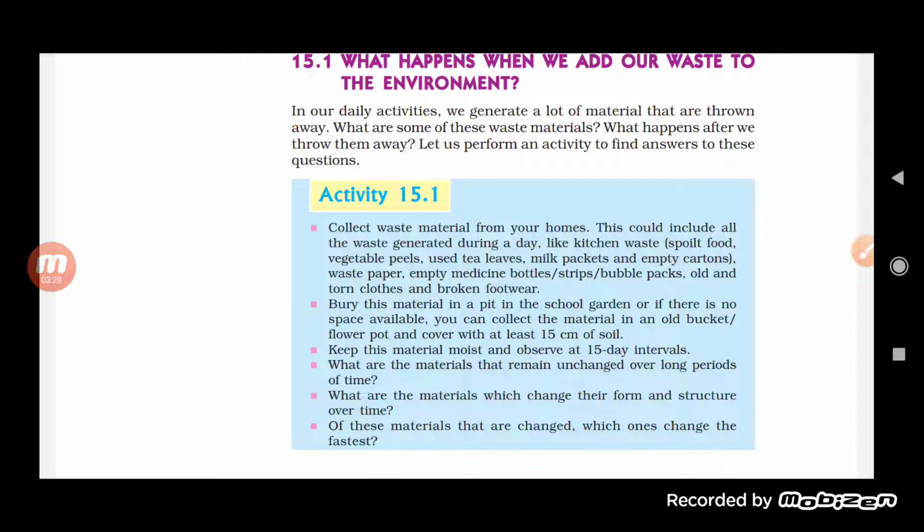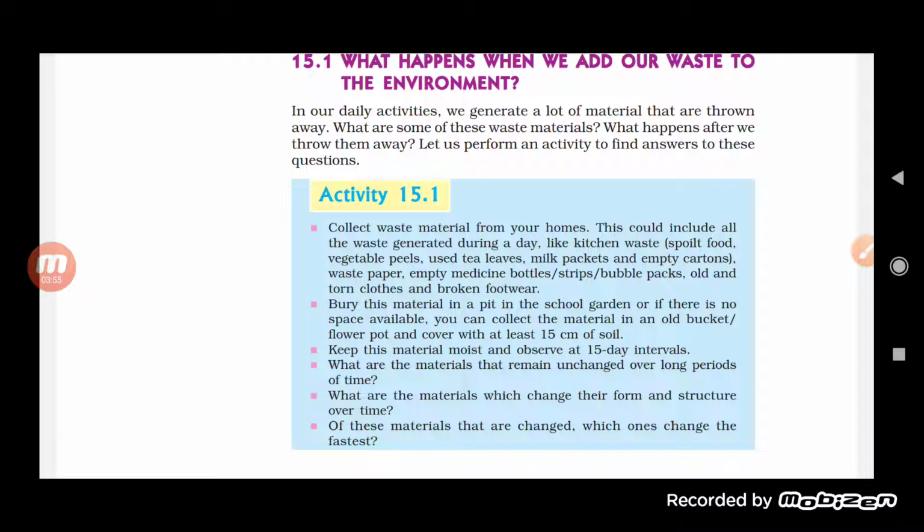Then there is waste paper, sometimes empty medicine strips and bubble packs, old and torn clothes, and even broken footwear. These are some of the waste generally present in our home. So there is kitchen waste and there is other waste also in our home.